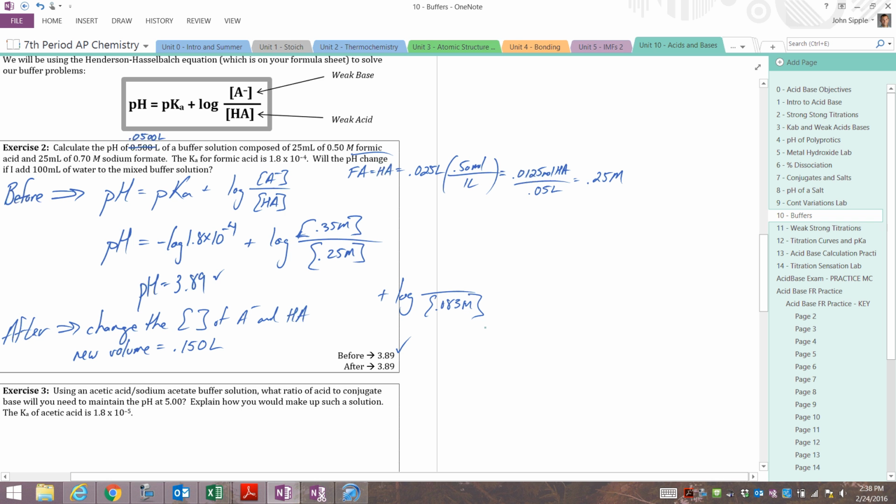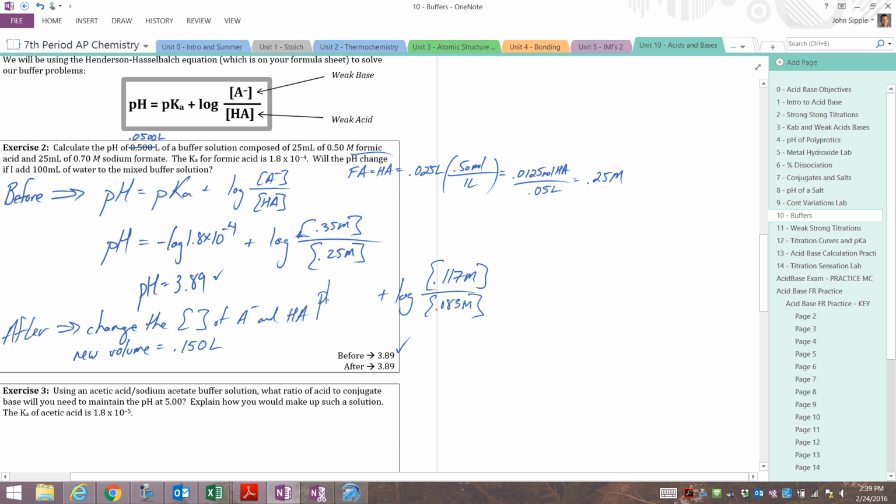And the other one is going to be 0.117 molar, because we pretty much diluted by 2/3, right? So, we could have done that with M1V1 equals M2V2 as well, right?